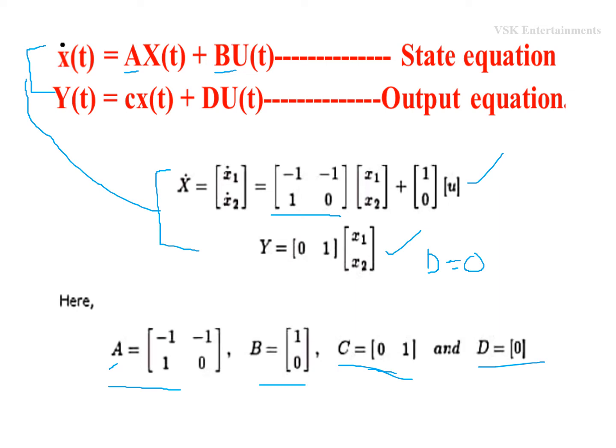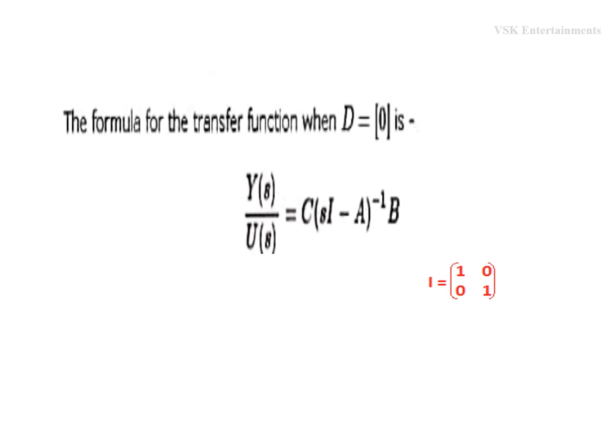Now substitute all these matrices in the transfer function expression. This is the expression for the transfer function for a given state model where matrix D is 0. Now substitute matrix A, matrix B, matrix C, and I, where I is the identity matrix or unity matrix, given as [1 0; 0 1].